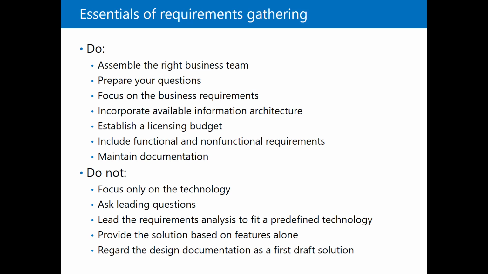Number 3, focus on business requirements. Sometimes, once you have a meeting with the business, you may discuss other personal stuff or other points, but try to focus on business requirements. Ask for information that will lead you to build your architecture.